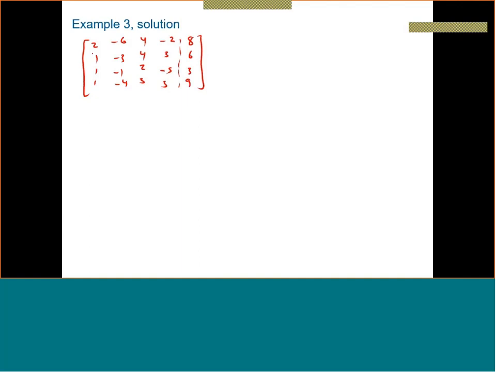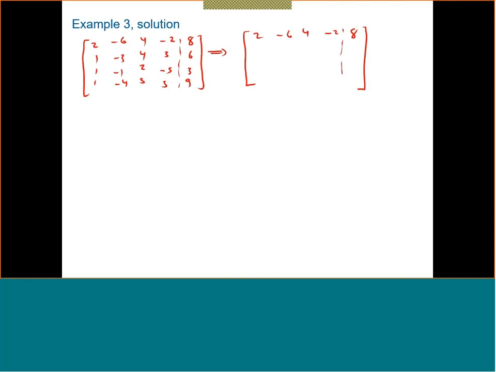Now I want to get rid of all these zeros. So it's very obvious it will be row 2 minus 1/2 row 1, row 3 minus 1/2 row 1, and row 4 minus 1/2 row 1. Because these are all 1, I need to multiply by 1/2 and then subtract from row 1 for all of them. So this stays as it is, minus 6, 4, minus 2, and this is 8.